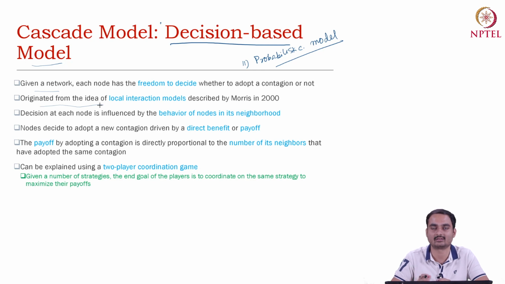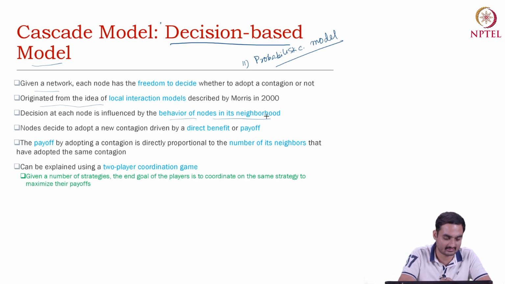We mostly look at two-party interactions. We will not look at the other interactions as a whole. We look at a two-party interaction, and based on that we decide. The decision at each node is influenced by the behavior of nodes in its neighborhood, right? We already mentioned that it depends on your neighbor's decision.